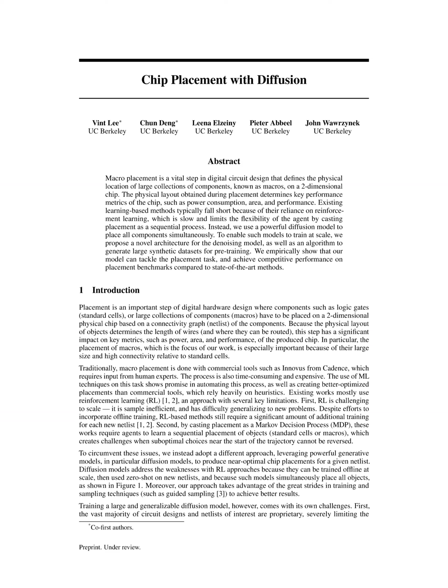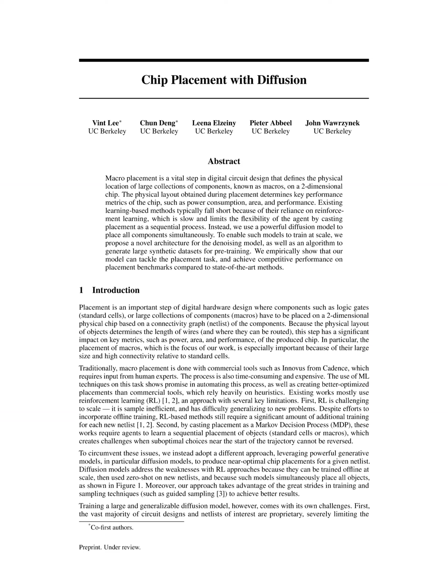Additionally, diffusion models can simultaneously place all objects in a chip layout, avoiding the sequential placement challenges faced by RL-based methods, where suboptimal choices early in the process cannot be easily reversed. Furthermore, diffusion models leverage powerful generative models to produce near-optimal chip placements, offering better optimization results compared to RL approaches that heavily rely on heuristics.